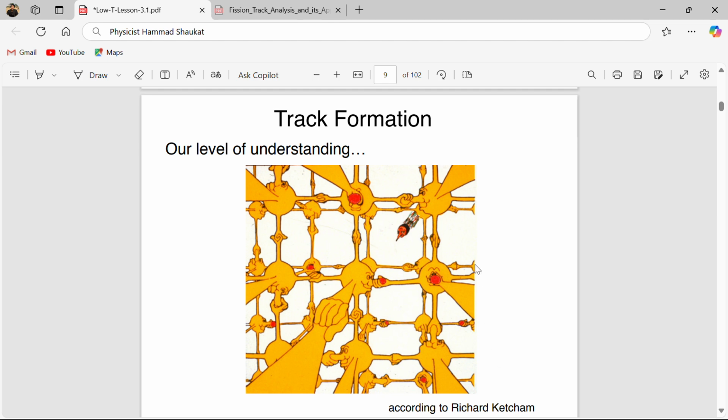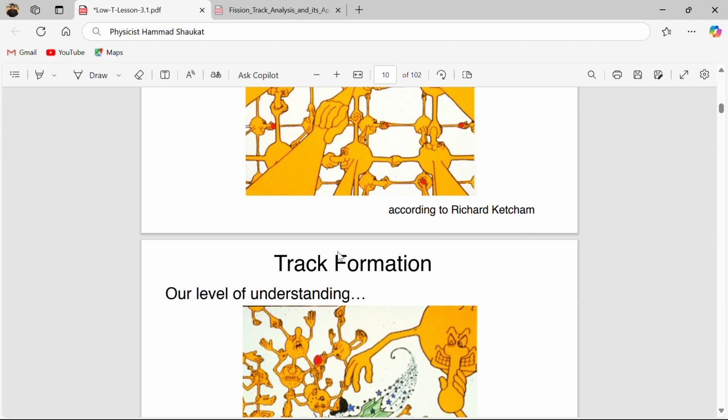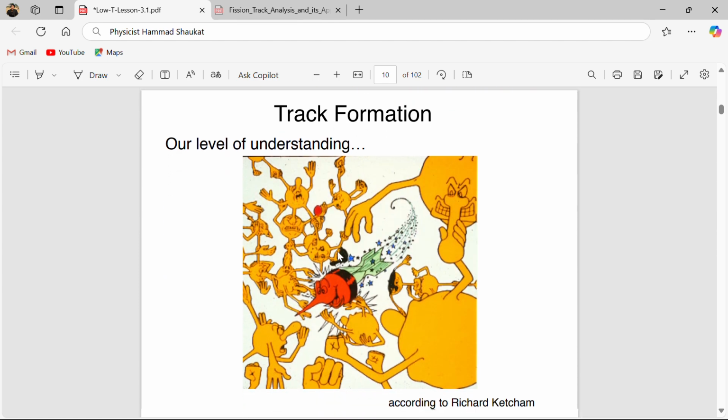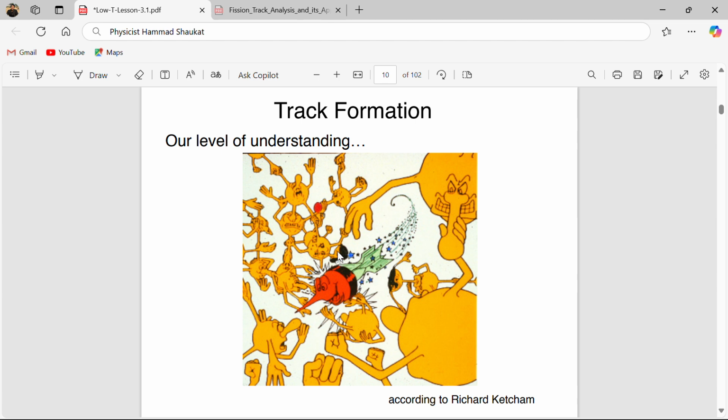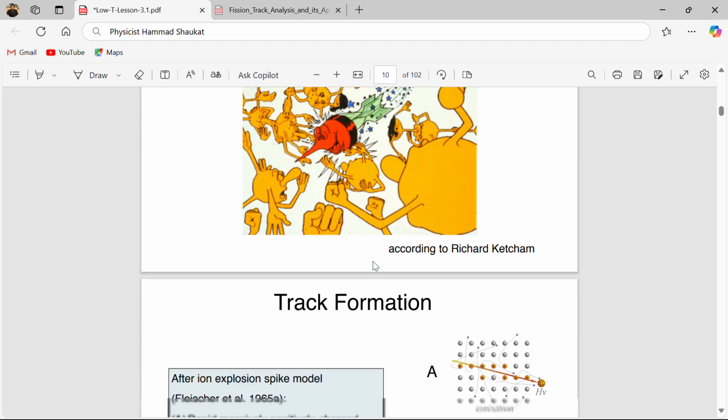You can see how tracks form, with different lattices and atoms attached to others, and how compact these formations are, just to visualize how tracks form. Once the track is formed and something comes into your track, this is how the track looks when deformed. Here you can see how it deforms the whole track.